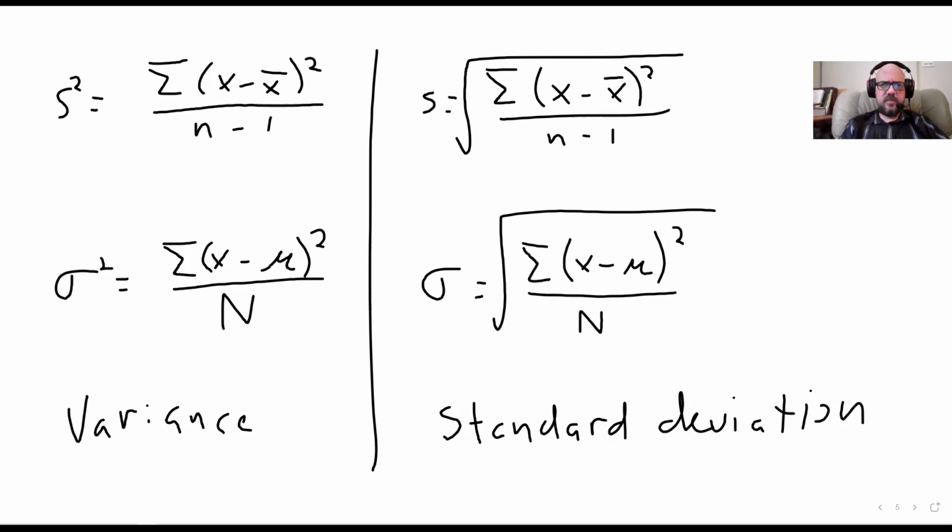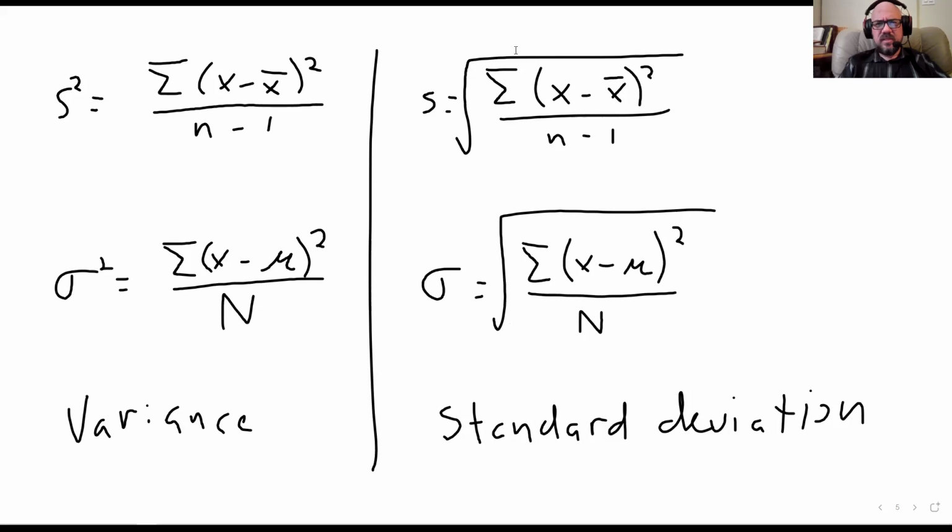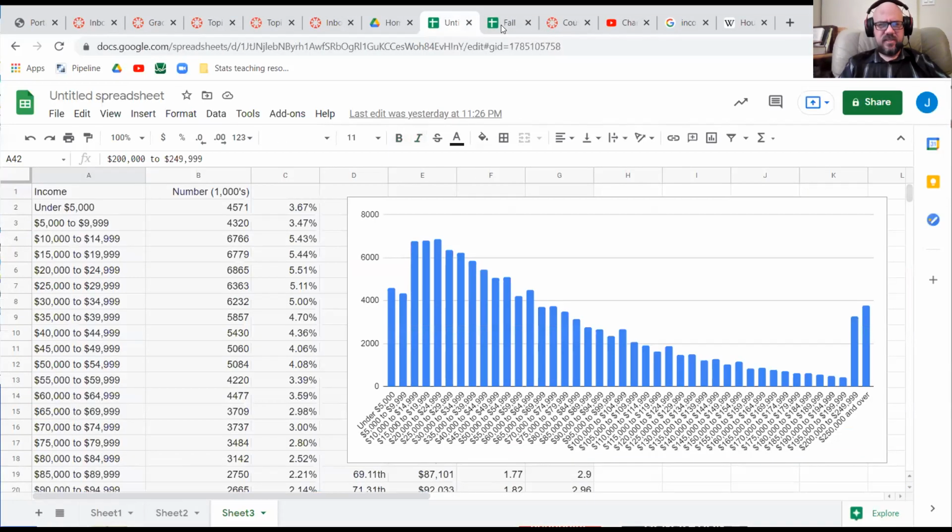Here's my graph of incomes in 2014 in the United States. I could find the standard deviation of this data set, and it would be the average distance from the mean. If you remember, the mean was 72,000 and something dollars.